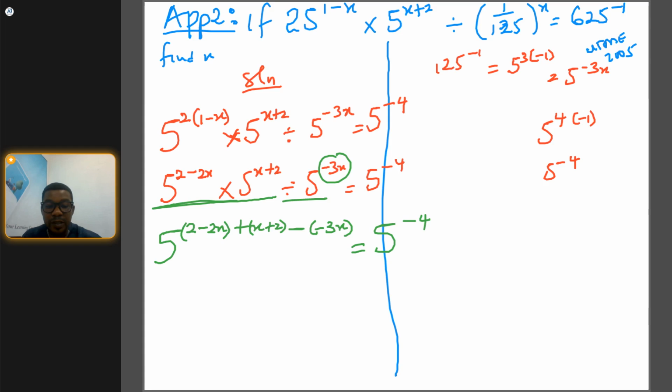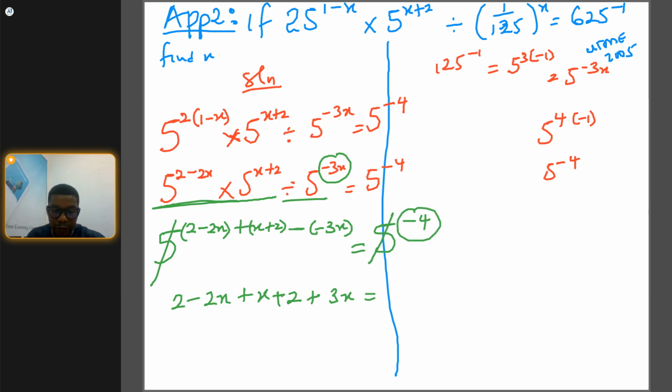Okay, so the law says if the bases are the same, equate the exponents, equate the power. So we cancel out the base and we are left with 2 minus 2x, all right, plus x plus 2, minus times minus is plus 3x, equals to what we have here, 4. So let's proceed.